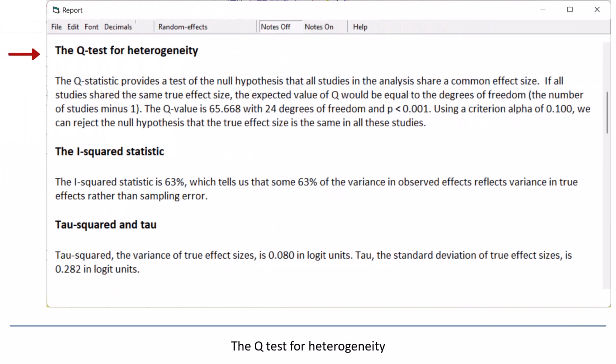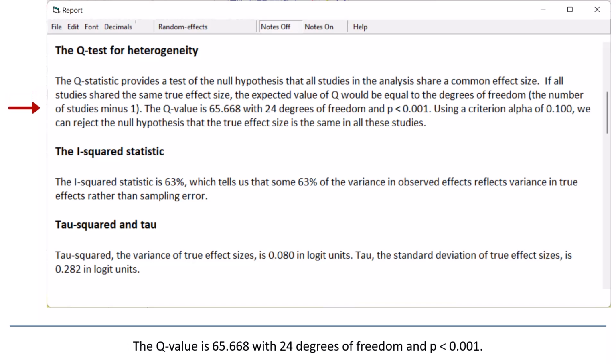The Q test for heterogeneity. The Q statistic provides a test of the null hypothesis that all studies in the analysis share a common effect size. If all studies shared the same true effect size, the expected value of Q would be equal to the degrees of freedom, which is the number of studies minus 1.